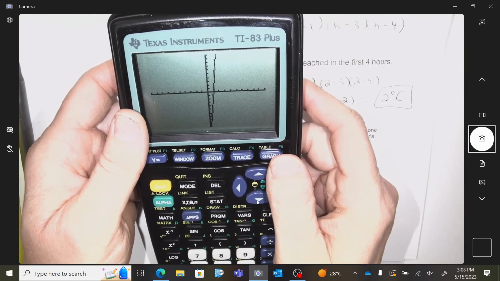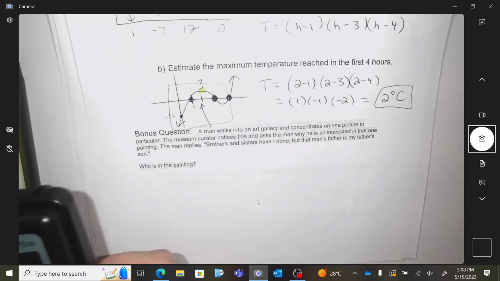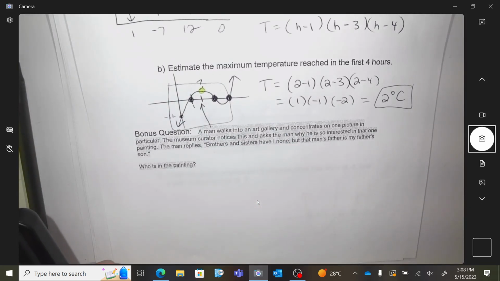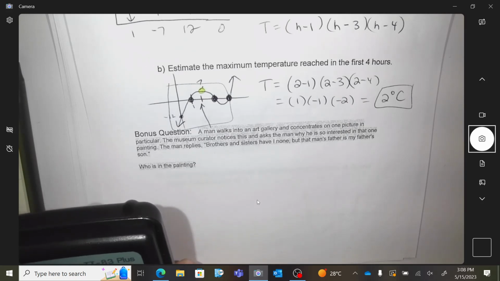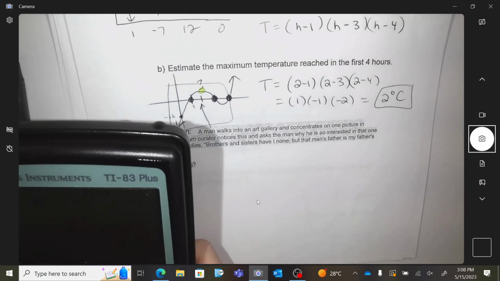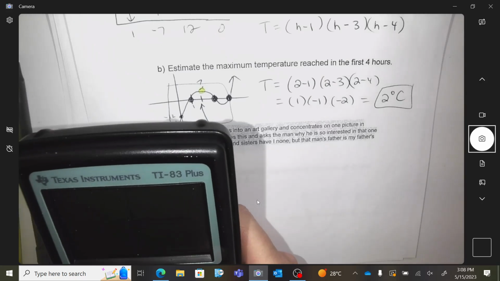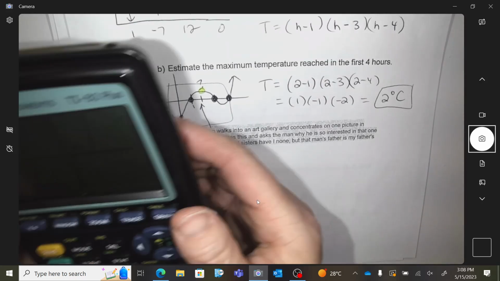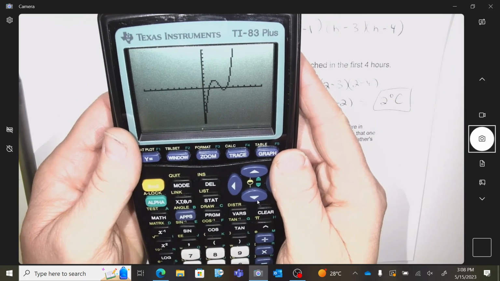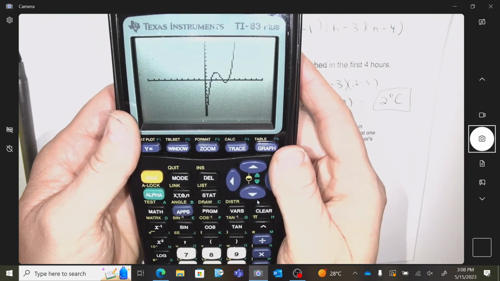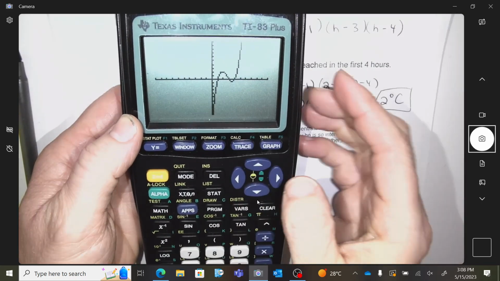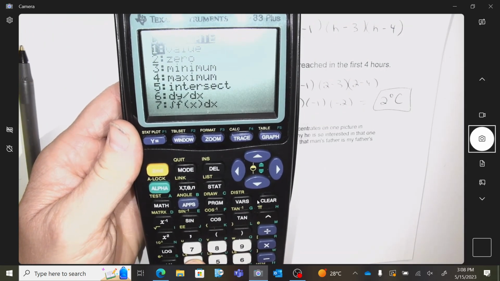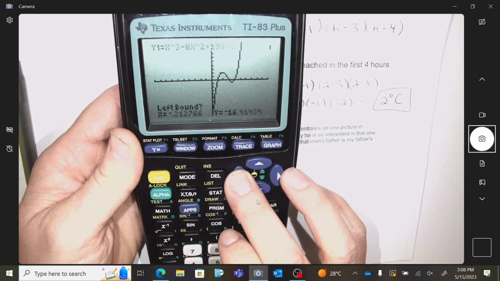Okay, so here's my function. Look at it. Does it look like what we just did? I graphed it. So I'm going to calculate the top. So calculate a max. And then I'm going to get my mouse.